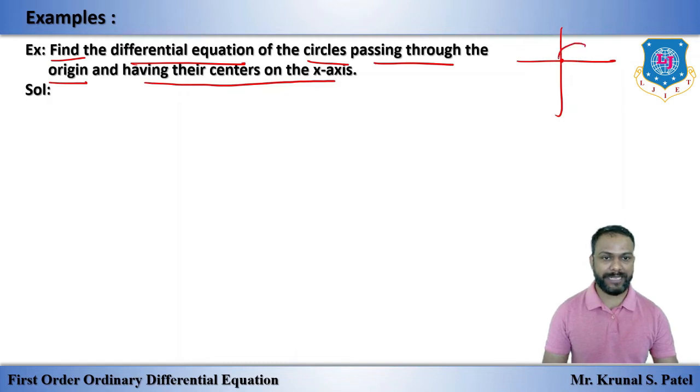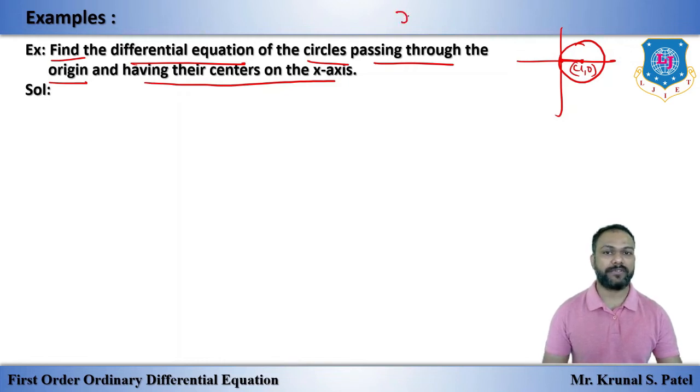As I already taught in the first semester multiple integration chapter, where I explained the curves, we have circle also. So this is our circle, center on x-axis and passing through origin, so the radius becomes this. If we consider (a, 0) as a center, then the radius is also a.